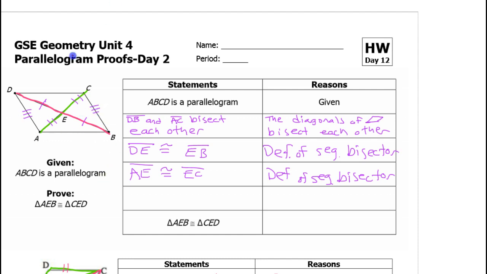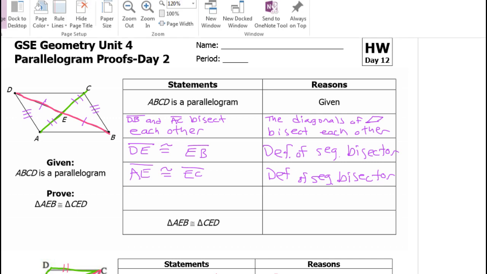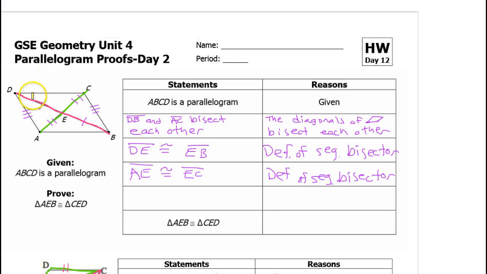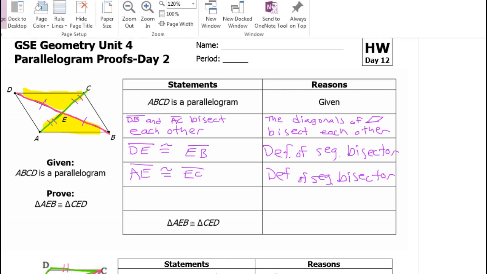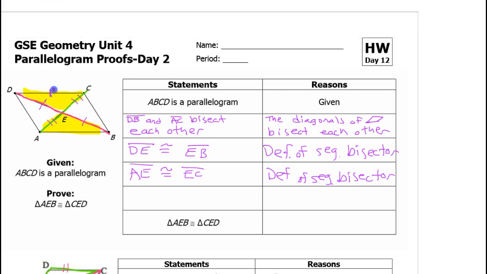Oh, you know what? I almost forgot that the two triangles that we're trying to show are congruent. All right, we're supposed to be doing these triangles. Okay, so for a moment there, I marked the wrong sides. I don't want these. Instead, I want these. 1, 2, 3, 1, 2, 3.